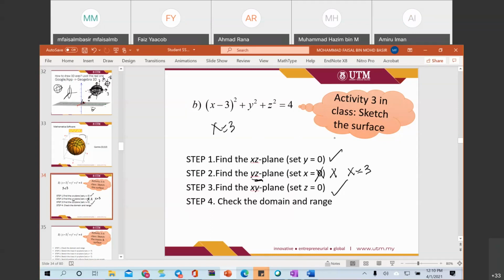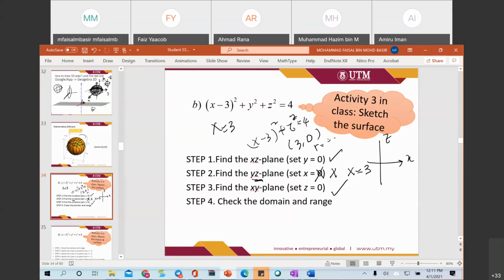Okay, so the xz plane, y0. Which means you have x minus 3 squared plus z squared equals to 4. So this is a circle with center 3, 0, correct?